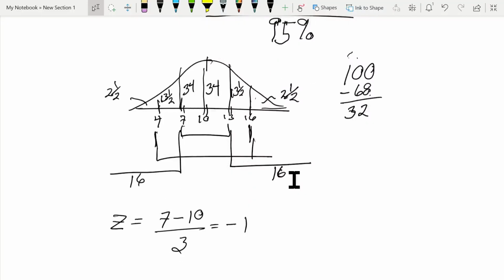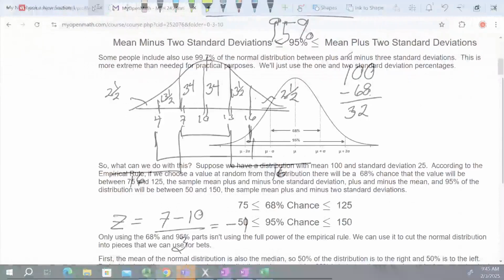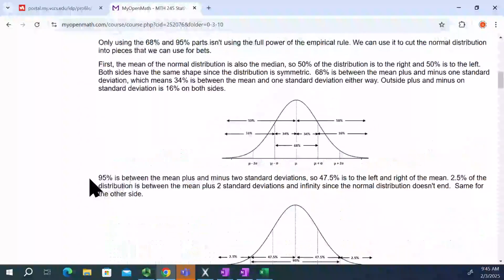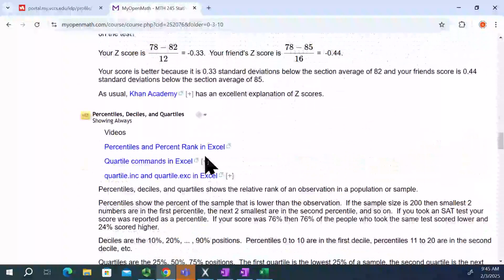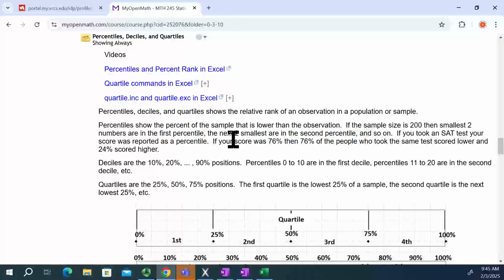There is another version of this that is a sure thing. And this is percentiles and quartiles. This is the non-normal.